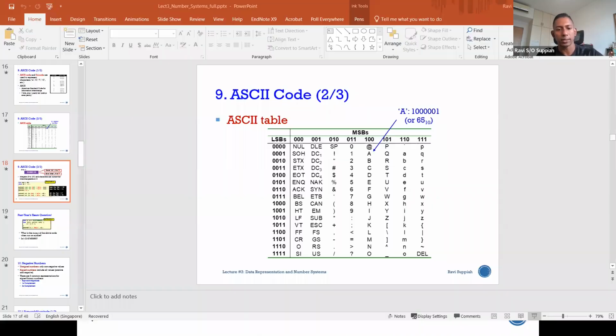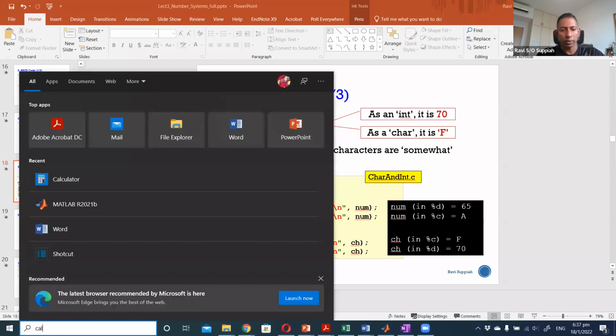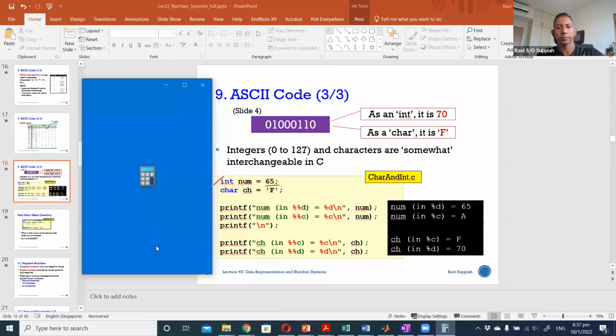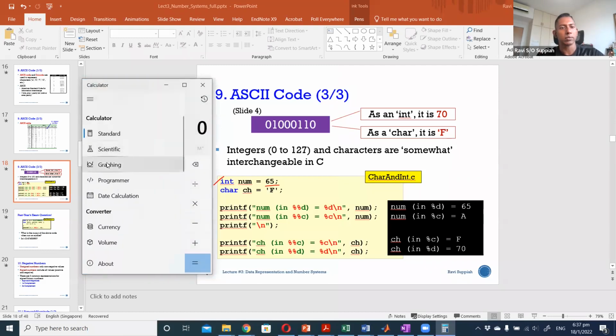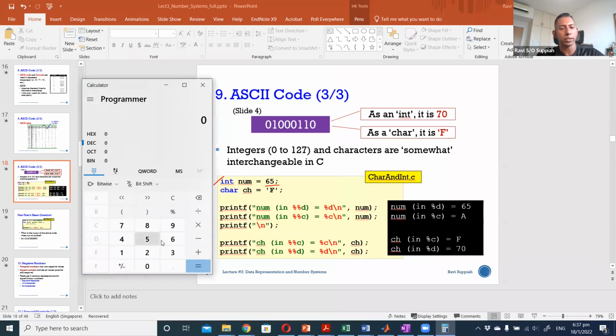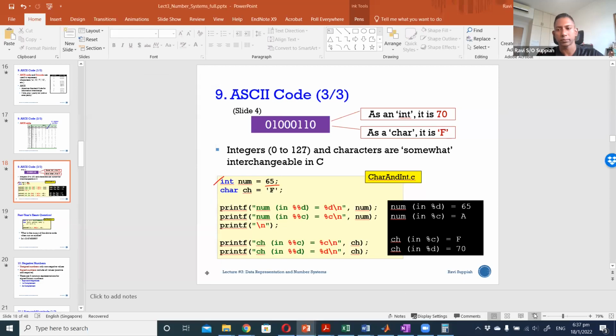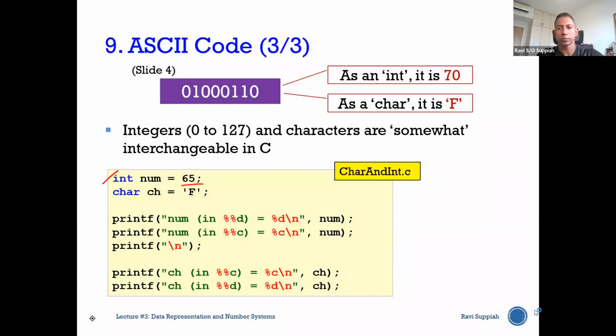Let me go back to our calculator. If you look at the conversion, 65 is 0 1 0 0 0 0 0 1.